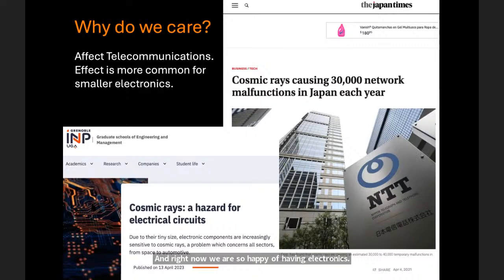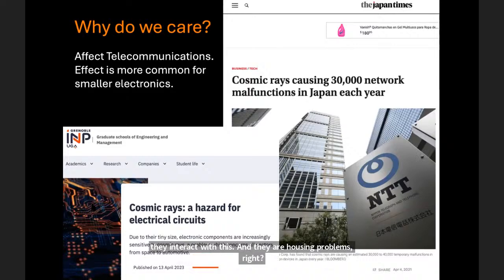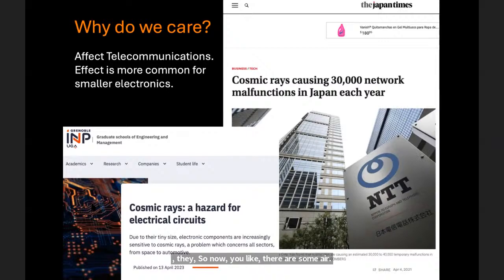So they interact with this electronics, and they are causing problems, right? Because they release energy in a very short time to these electronics. So now, there are some airplane accidents that have been associated to this kind of effect of cosmic rays modifying or changing the readings of the electronics of airplanes.